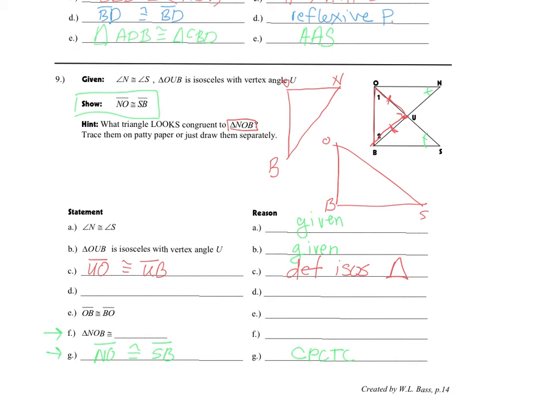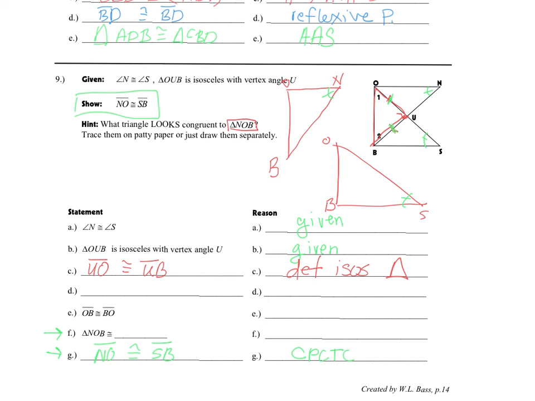So if we think about what we already have here, we already were told that angle N is congruent to angle S. We've done that. We now are about to say a little bit about this triangle in the middle that we're given some information out of. And if we were just looking at these congruent sides, we should know the next thing that we look for are angles.